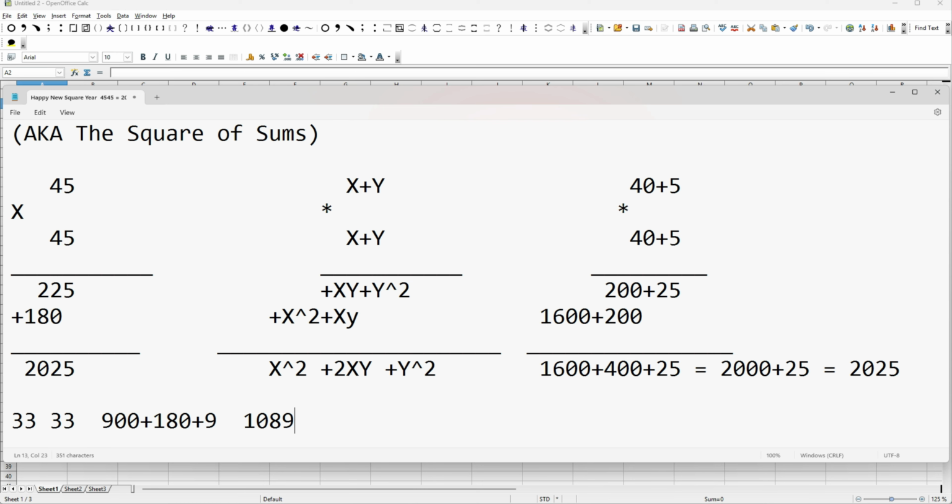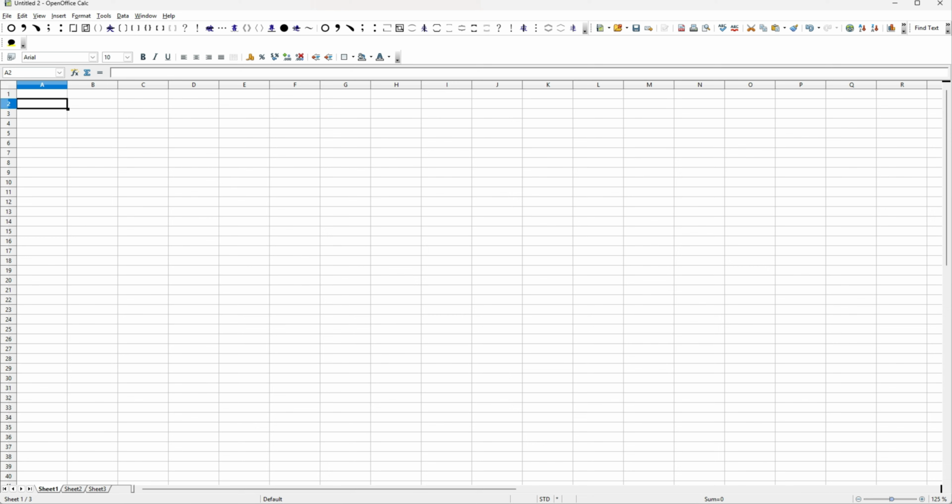Let's see if that actually worked out for me. So I'm going to go to this over here, I said 33, and we're going to go equals A2 times A2, 1089. I did that in my head probably a lot more quickly than most people could.